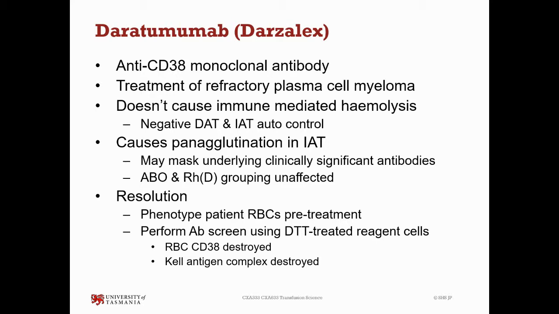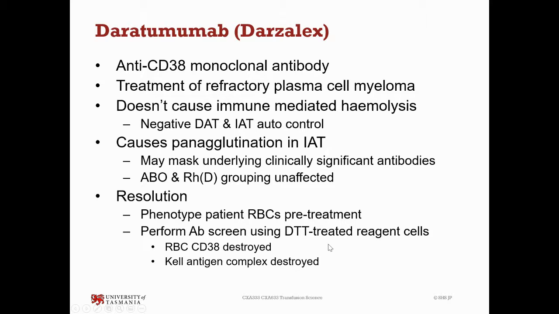The best thing that you can do is to phenotype the patient's red cells before they're treated with daratumumab. Then if they need blood, we can give them phenotype matched blood. If it's too late and they're already using daratumumab, then you need to use dithiothreitol to treat the antibody screening cells and the panel cells.